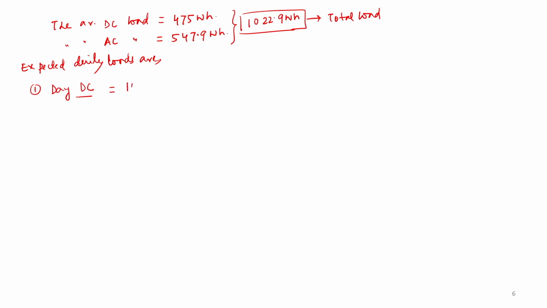It is 100 watt hour from the PV system. In situation 2, DC is used at night, the daily load is 375 watt hour, and this is coming from battery.